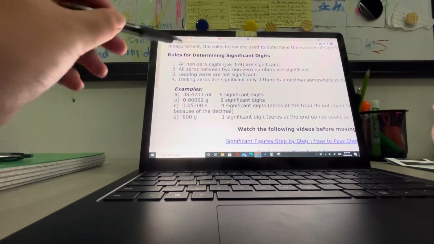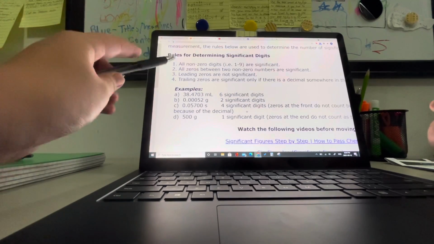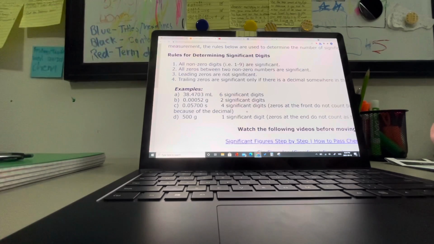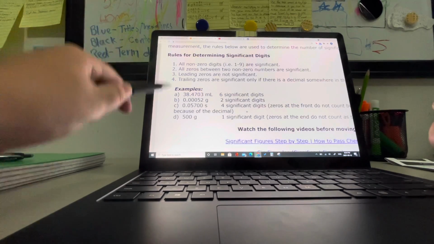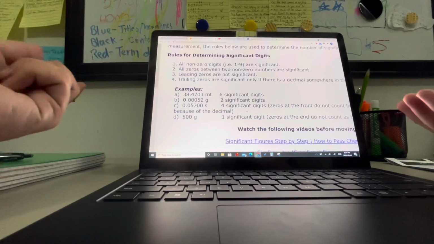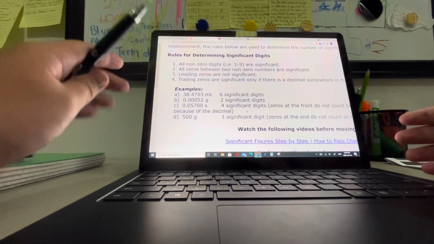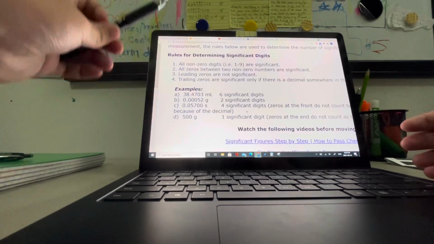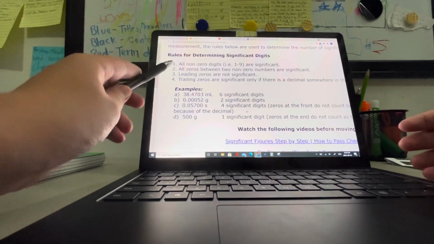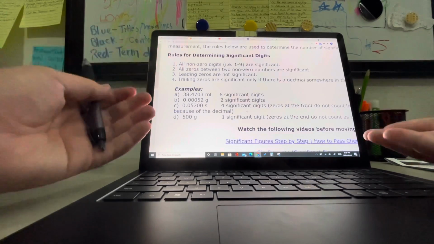Because going back to the rules of determining sig figs, number 1 says all non-zero digits are significant. So that means 5, using the first rule, is going to be significant. We know right off the bat. But the second rule says all zeros between 2 non-zero numbers are significant.